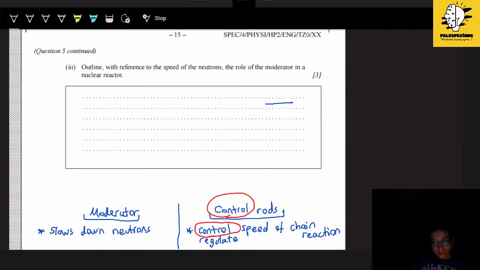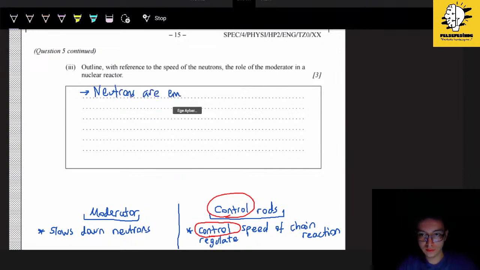Let me erase these. Okay, so let's state the facts first. Do not jump right to the answer. We know that neutrons are emitted at high speeds in fission reactions.